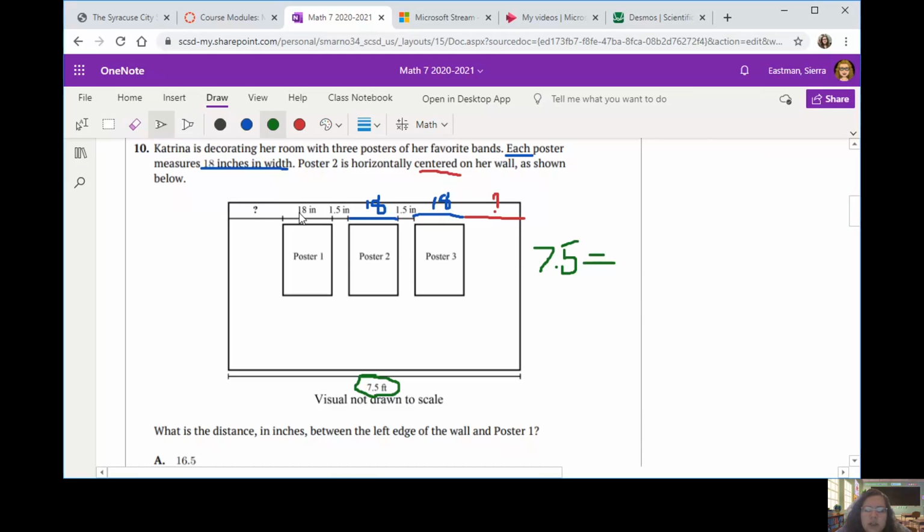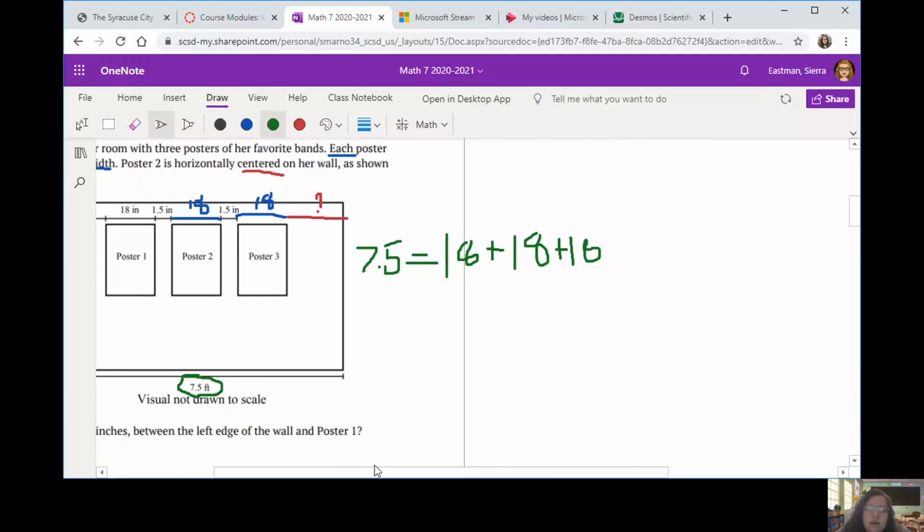And we see that we should have 3 18s. I'm going to go ahead and write 18 plus 18 plus 18. Or you could write 3 times 18 if you want to make it a little bit shorter there. We should have 2 1.5s. I'm going to go ahead and write plus 1.5 plus 1.5.